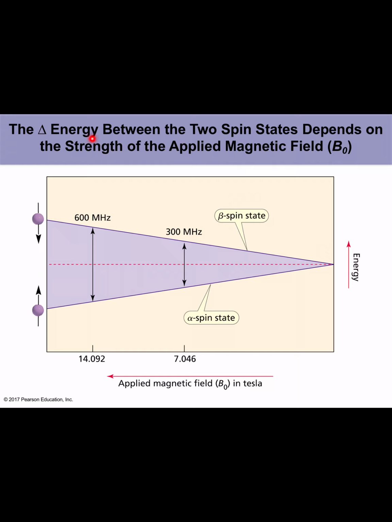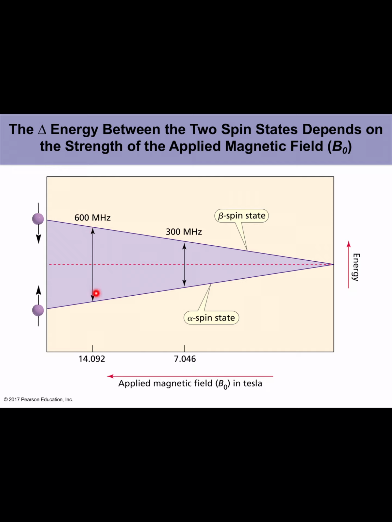The delta energy between the two spin states depends on the strength of the applied magnetic field, B naught. So this is the energy, the same thing that we had seen here. We have NMR machines that run at 300 megahertz or 600 megahertz.